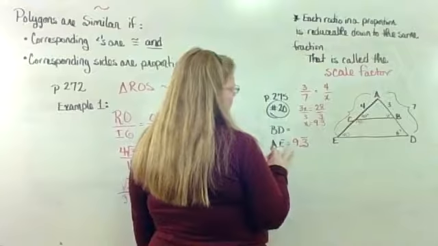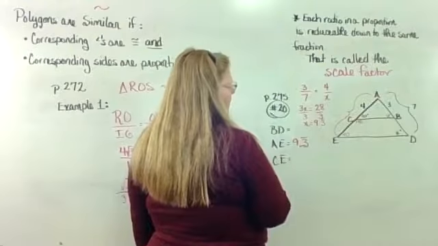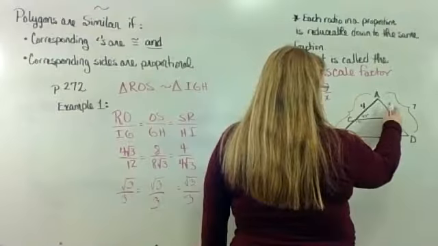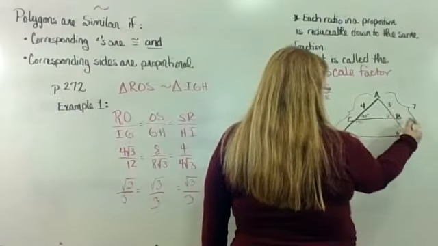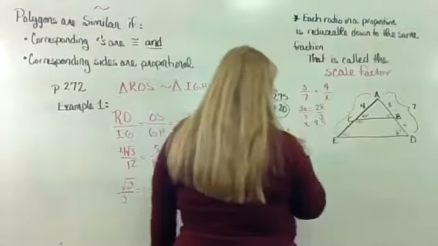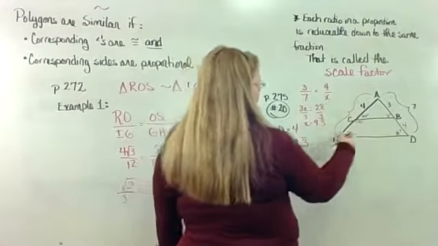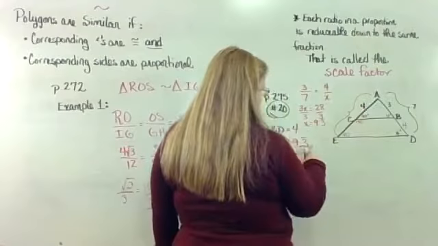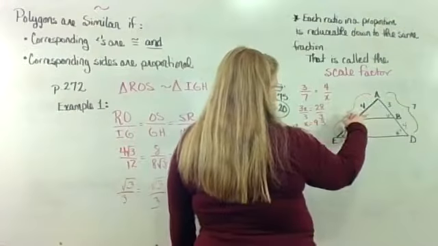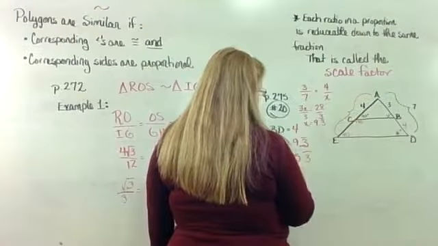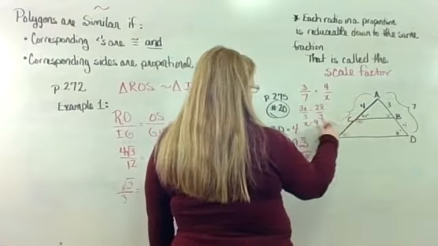I mean, you could, but it's just more work. Over here, since this is 7 and this is 3, 7 minus 3 gives you 4. So BD must be 4. And then over here, 9.3 repeating minus 4 is going to give me 5.3 repeating for this one right here.